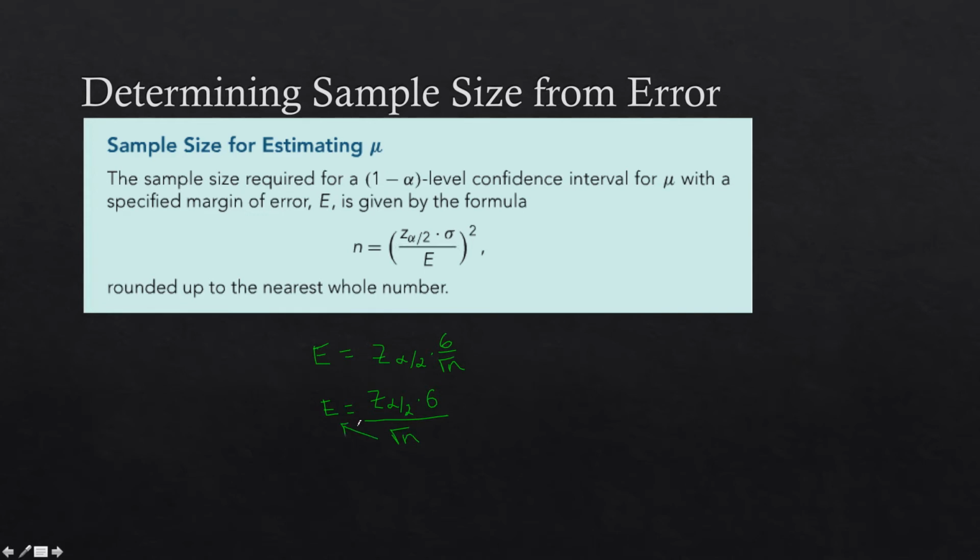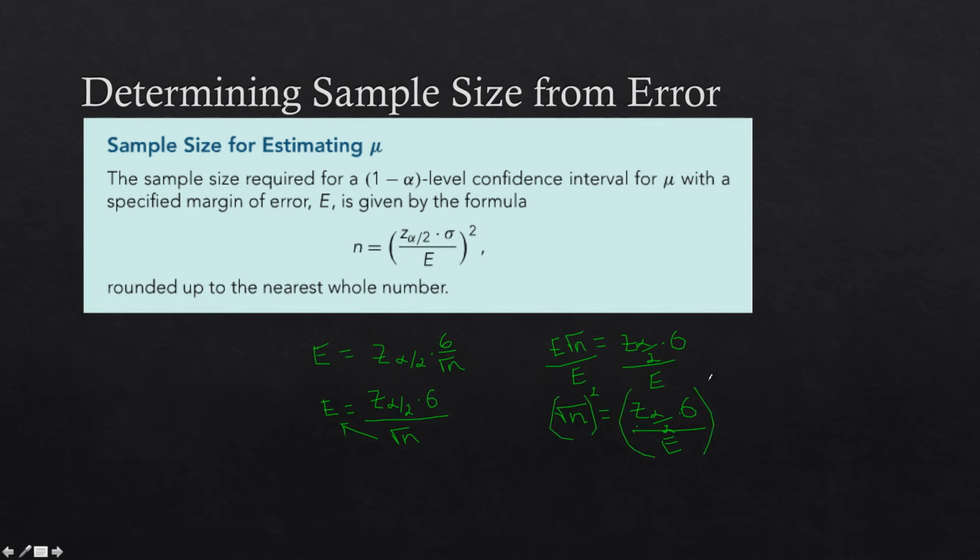And you can cross multiply here. And so you would get E times the square root of n equals this. Then divide by E. And so the square root of n equals z sub alpha divided by 2 times the standard deviation divided by E. And to solve for n, we square both sides.